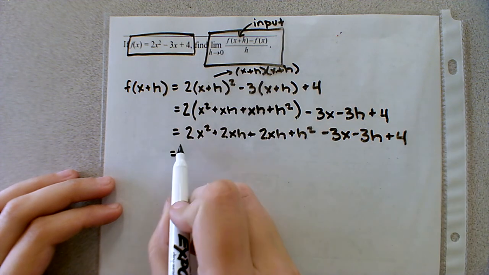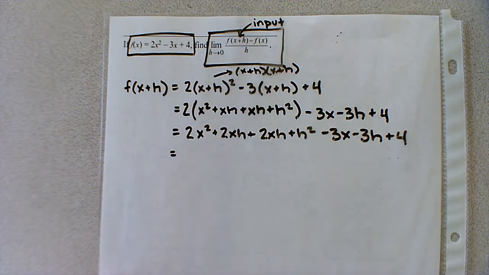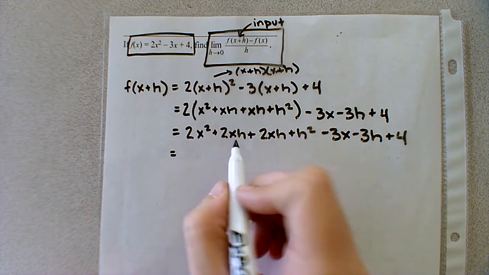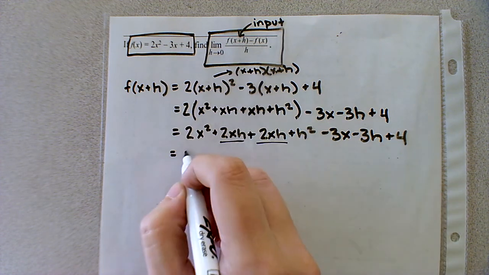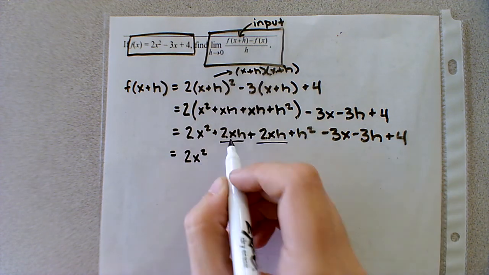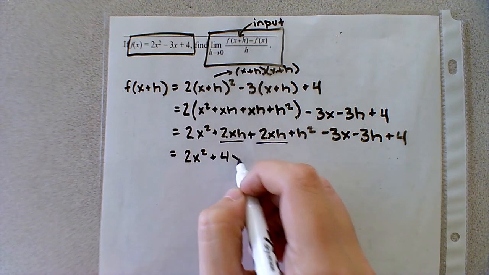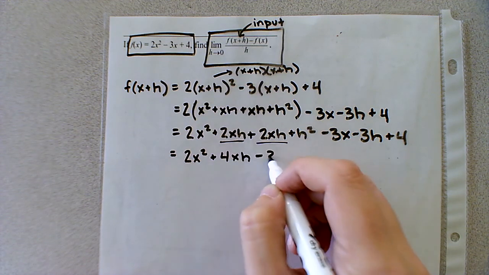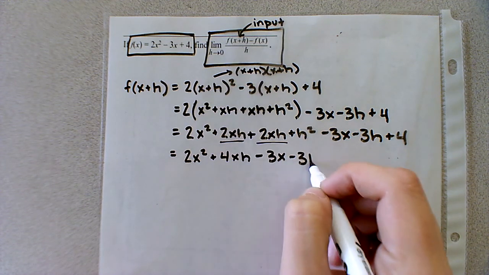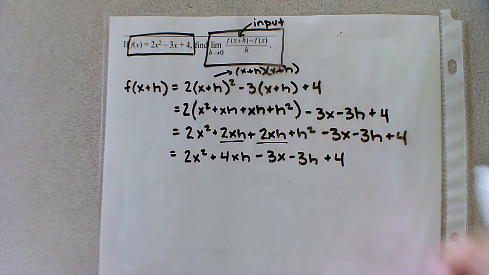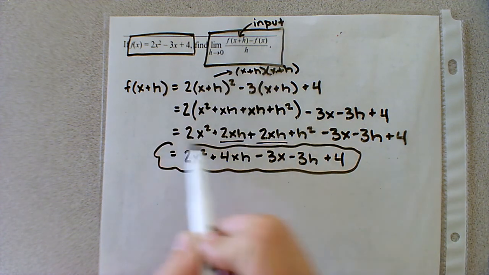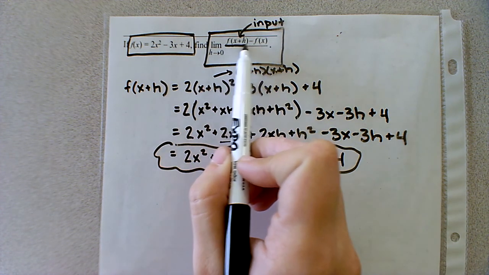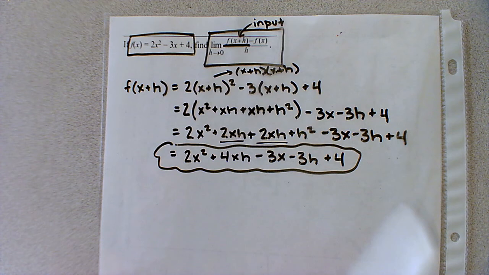All right, and now that all the parentheses are gone, let's see if we have any like terms. And I think the only ones I can see are the 2 xh's in the middle. So 2 plus 2 would give us 4xh. All right, so this is what we have to represent this first piece in the limit.